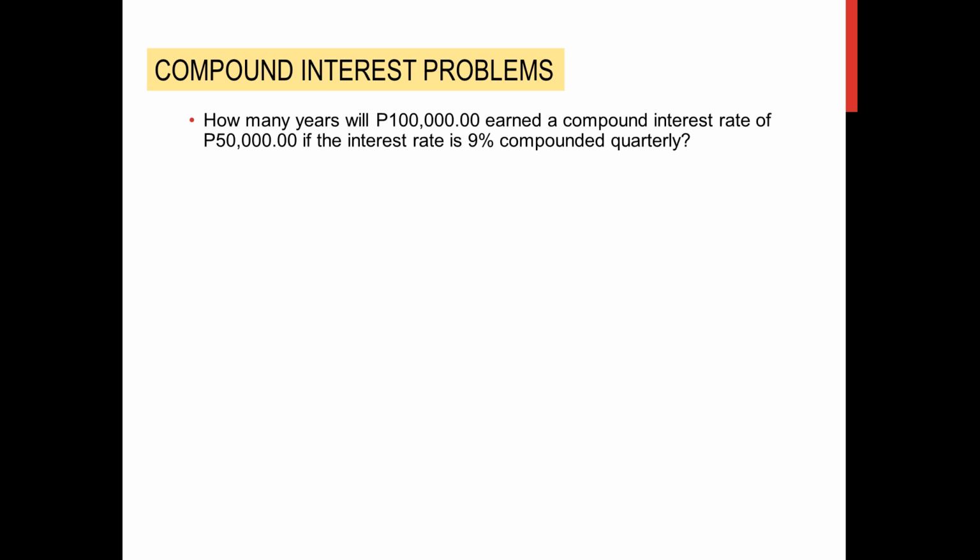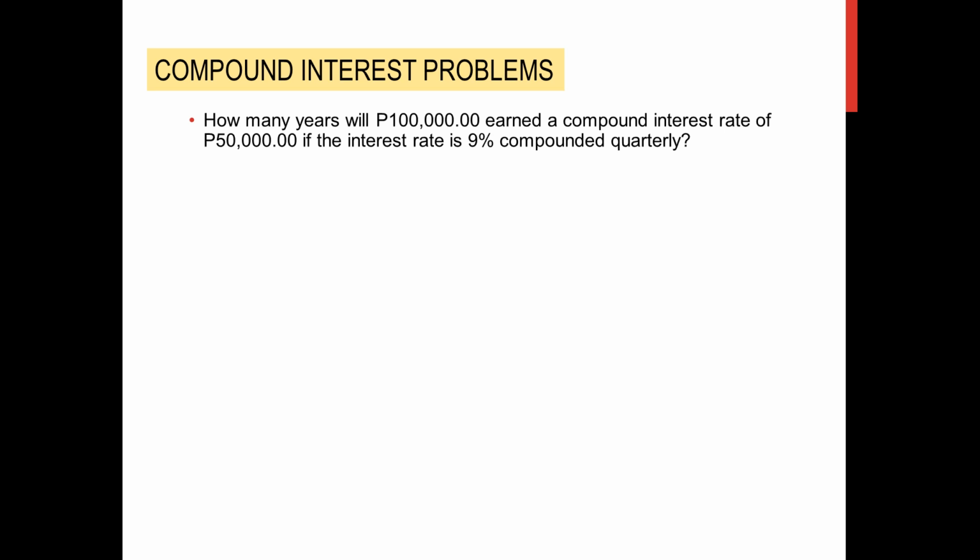How many years will 100,000 pesos earn a compound interest of 50,000 pesos if the interest rate is 9% compounded quarterly? So we need to determine the number of years this 100,000 will bear an interest of 50,000.